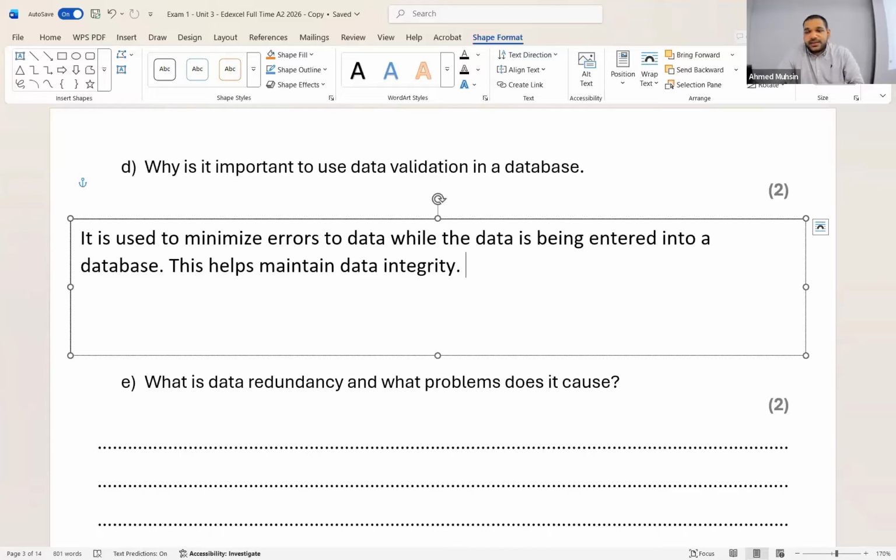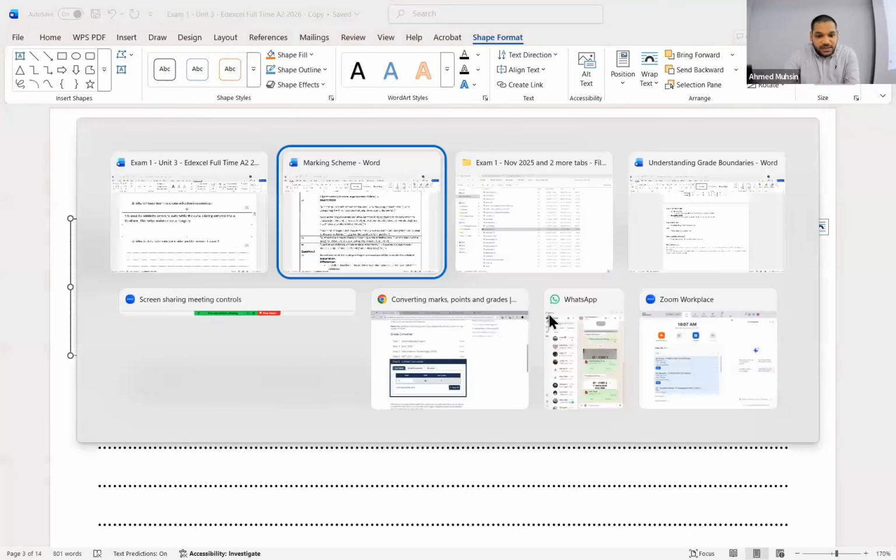Let's read the examiner's answer also, the way he has worded it. Maybe he has used words we never thought of. Okay, so everybody, I'm showing you the examiner's answer.